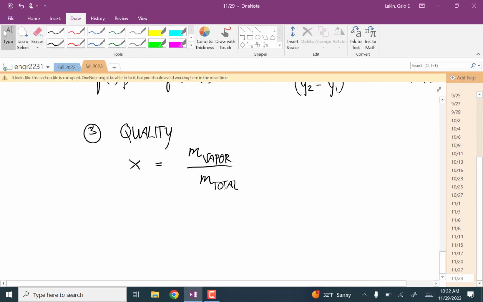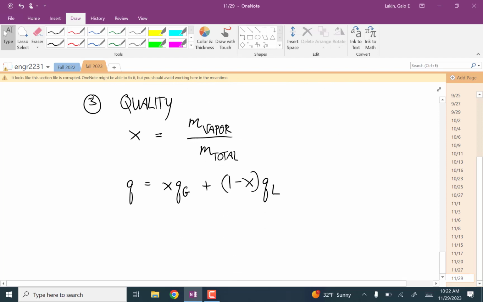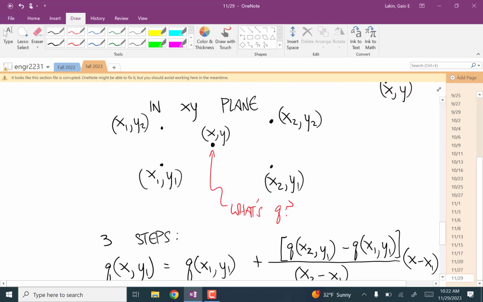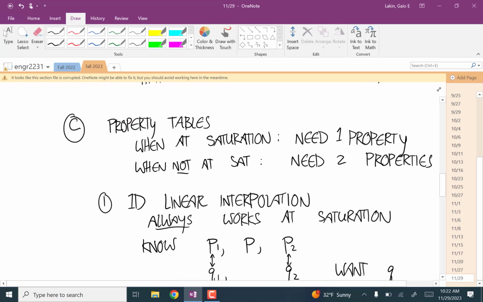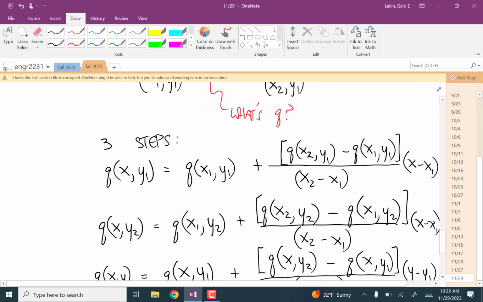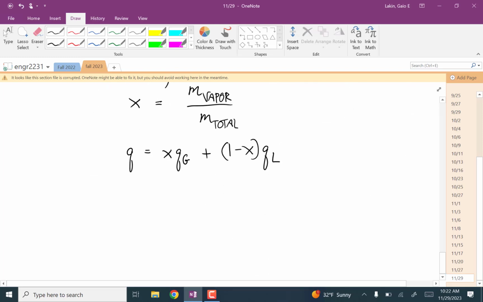For any property, Q is equal to X times that property for the gas plus 1 minus X times that property for the liquid. Oh, that wasn't the last thing. There's a few more here. We're still just going through definitions for simple compressible substances.